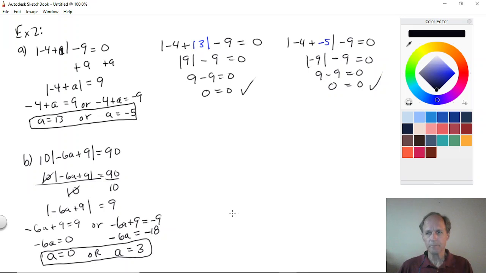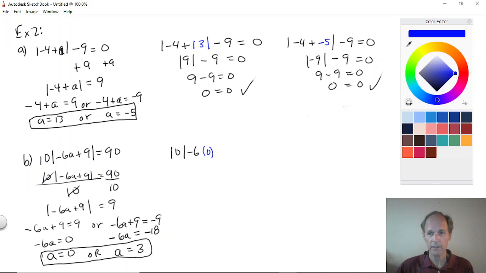So we'll look at one more. I will just illustrate how to check this. Just want to emphasize what's going on here. We'll plug the 0 in for a first in this original equation. There it is, 6 times a, but that's 6 times 0.